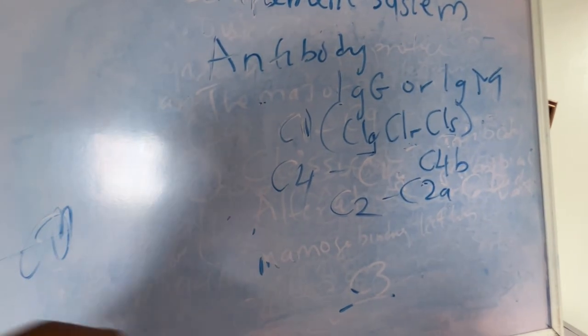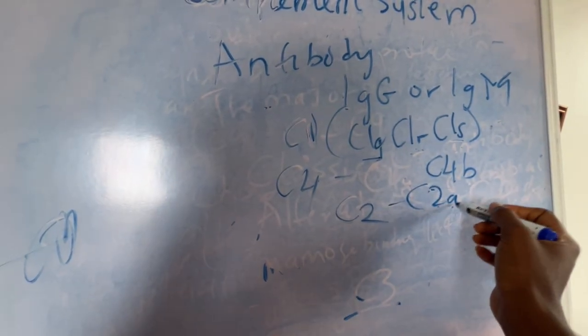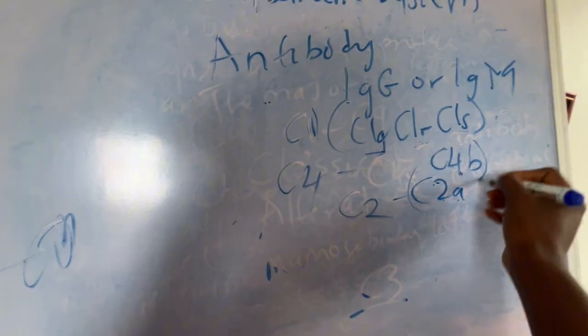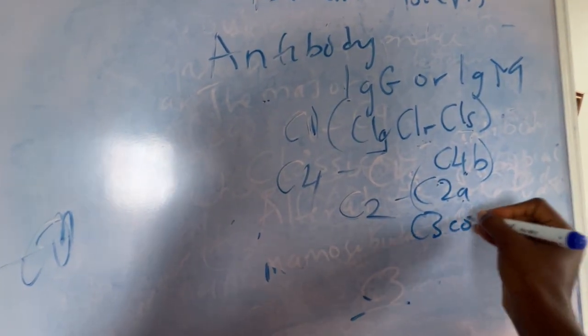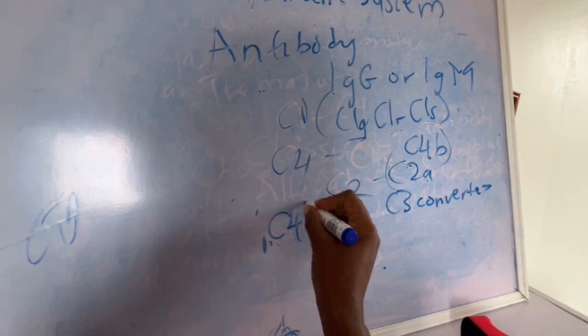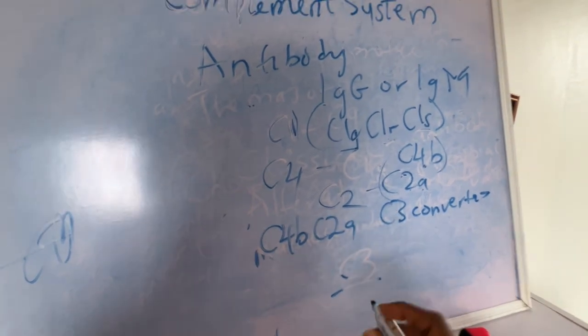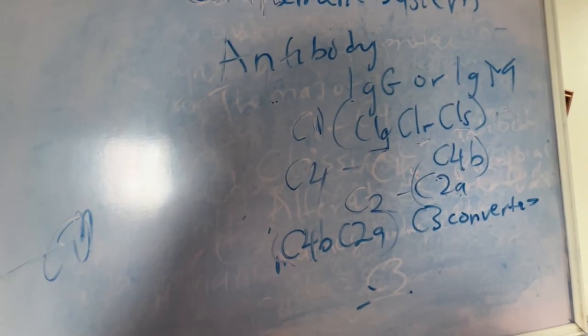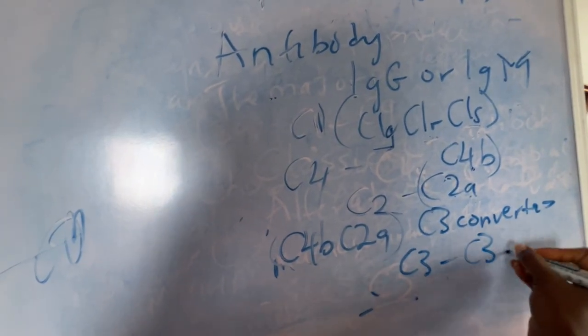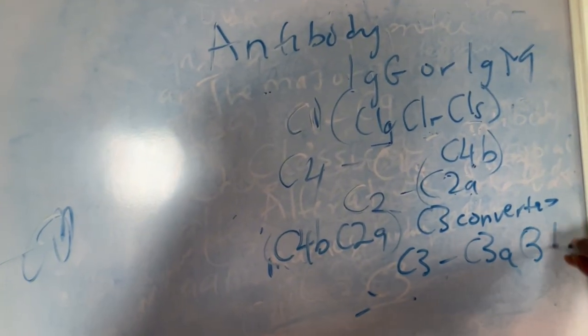So C2b goes back into the serum, while C2a attaches to C4b. And these two now form what we call the C3 convertase. It becomes C4b and C2a. It's called the C3 convertase because it's what cleaves C3 into C3a and C3b.